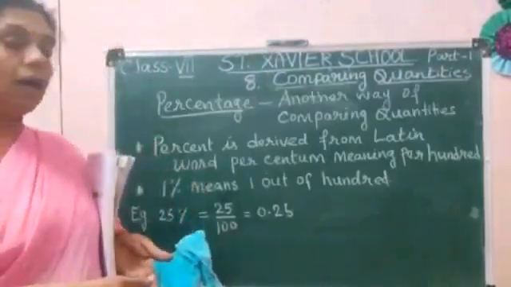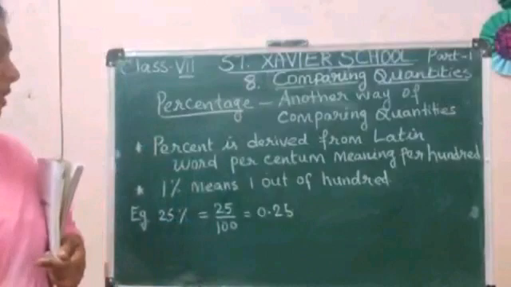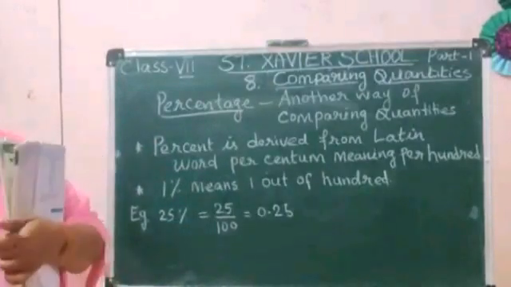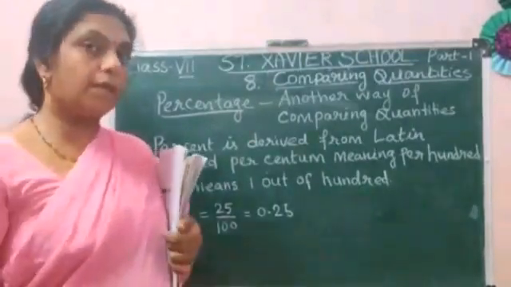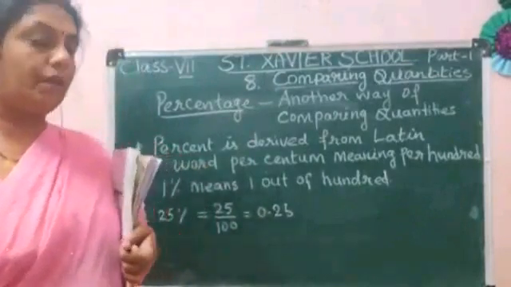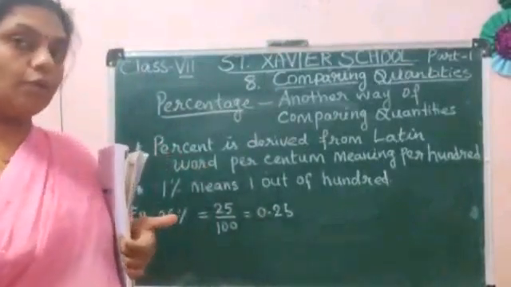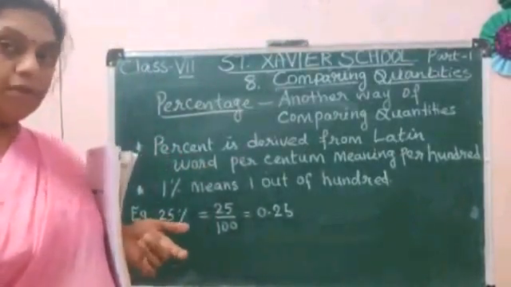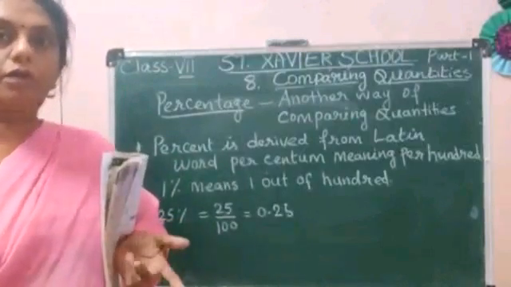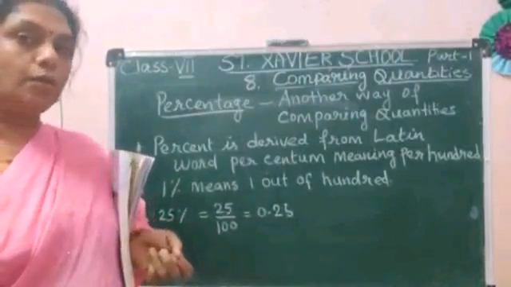Percentage is another way of comparing quantities. It is derived from the Latin word per centum, which means per 100. 1% means 1 out of 100. So an example is 25%, which is equal to 25 by 100, that is 0.25.